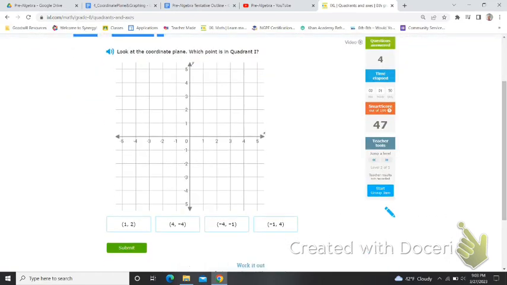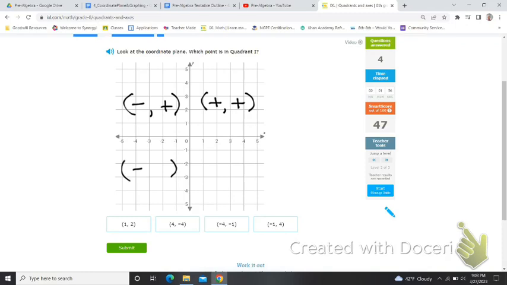Now here we have several different ordered pairs. It may help if on your thing with the quadrants, if you write this down, you can look at each one of these points, and if it's the first one in this case, that's easy. But keep in mind that in this quadrant, they are both positive. In this quadrant, x is negative, but y is positive.